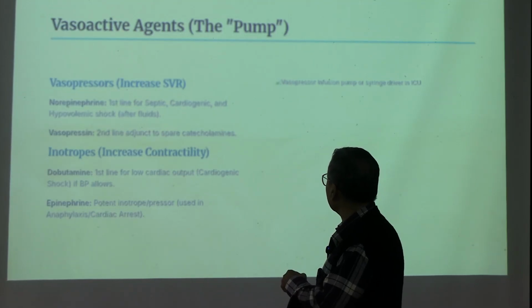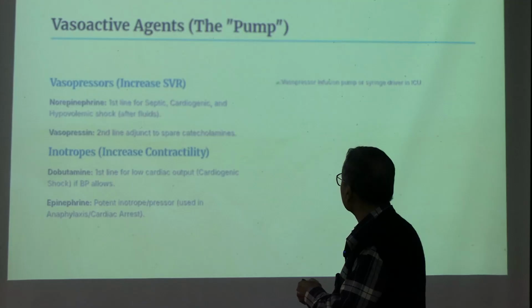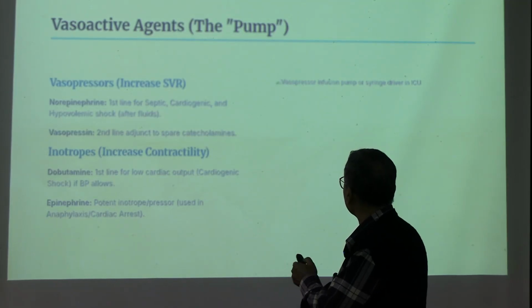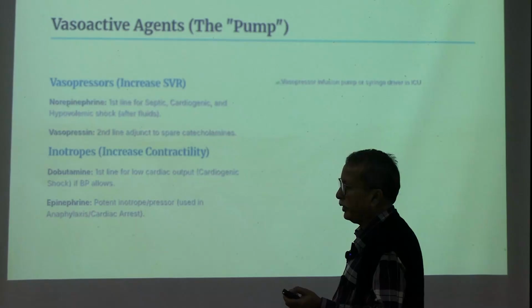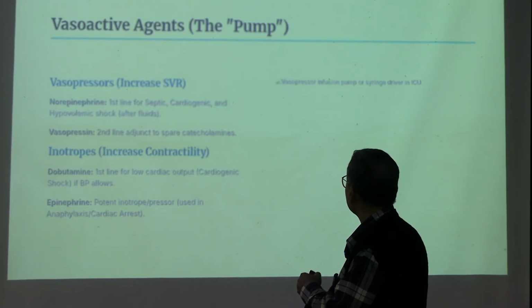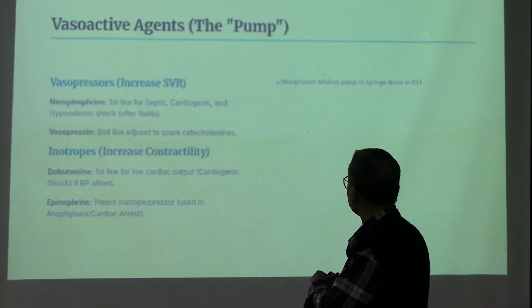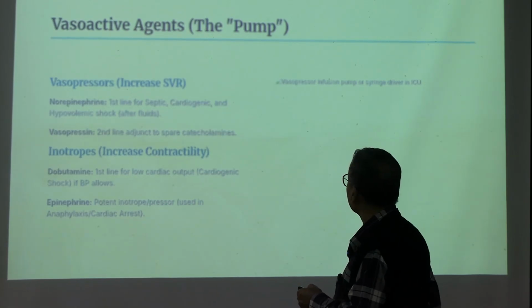And then inotropes, which increase contractility of the muscle. Dobutamine we use some of the time. When we find that everything fails, epinephrine, a potent inotrope. Epinephrine we also have in our emergency kit.